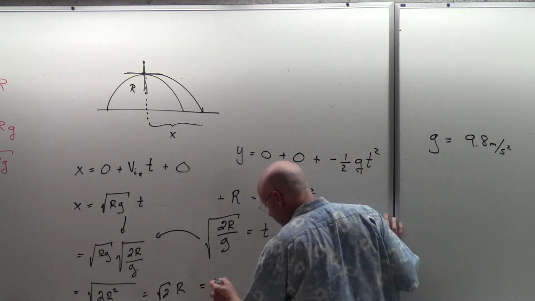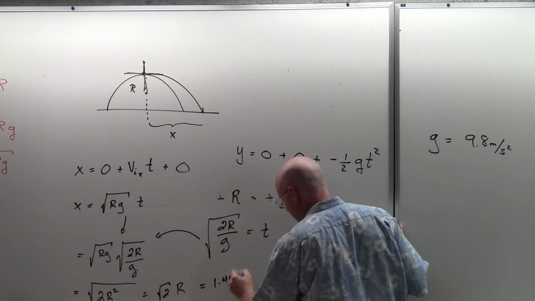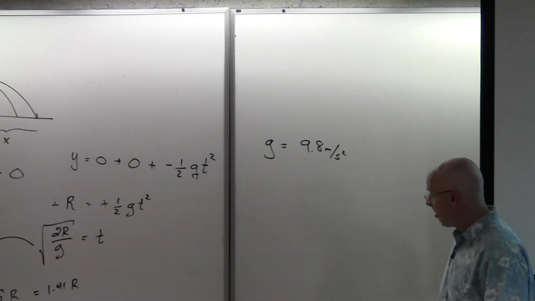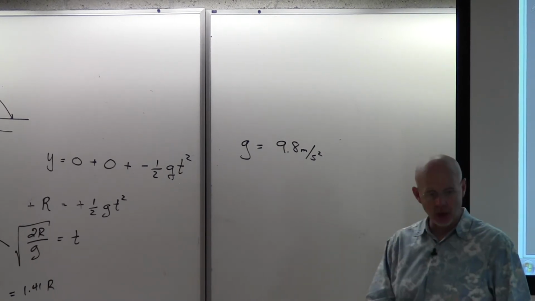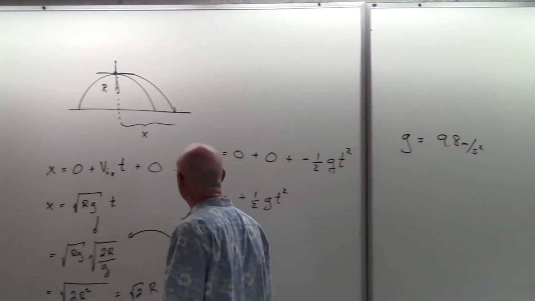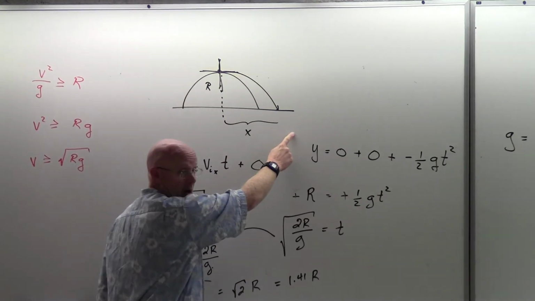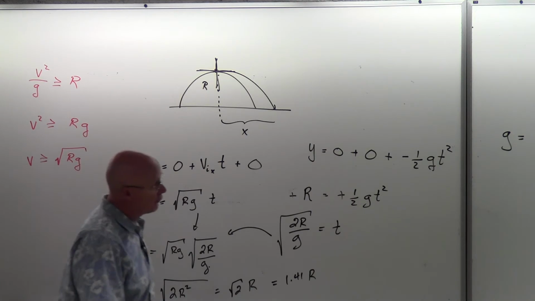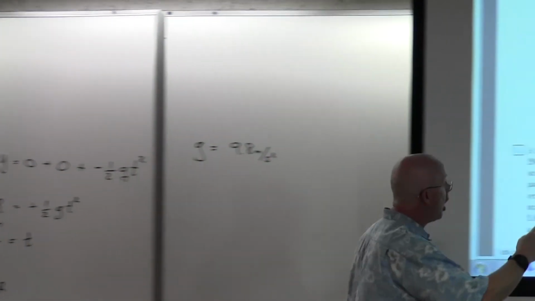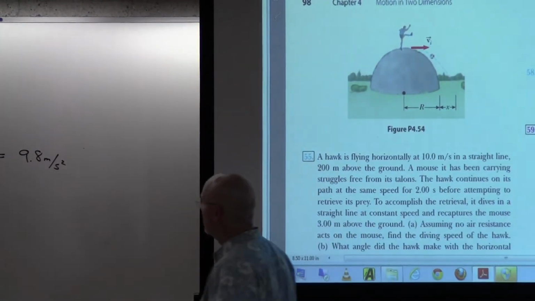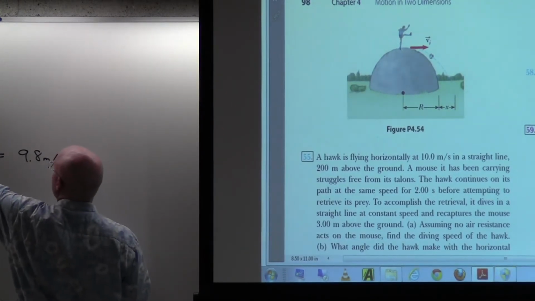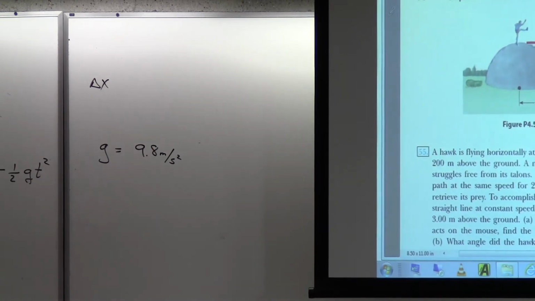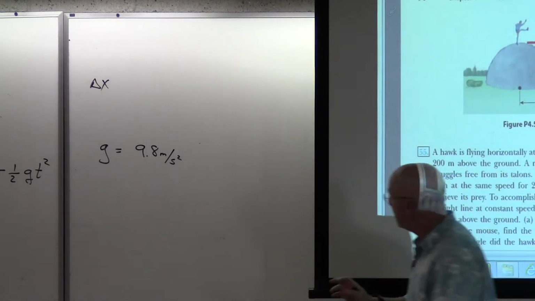If you remember your decimal equivalent of root 2, it's 1.41. So the distance it lands is greater than r, as the picture was showing. To finish the question, which says how much beyond the rock, I'll call it delta x. In your author's symbol here, he just calls it x, but I'm going to call it delta x.